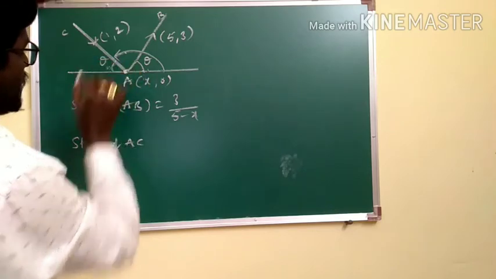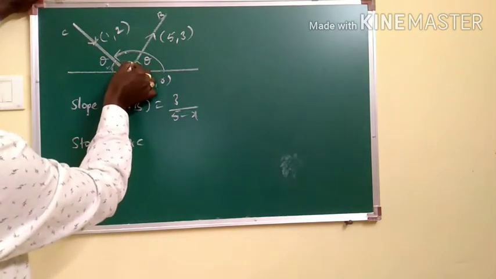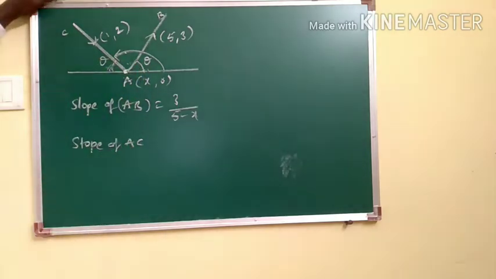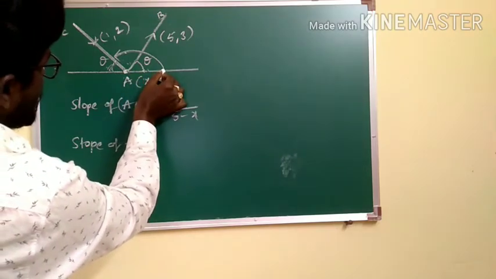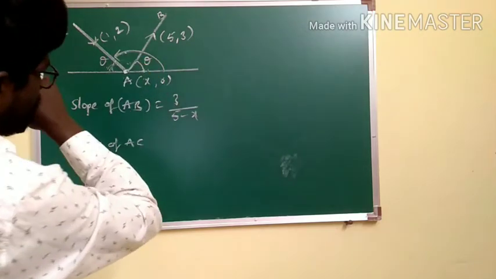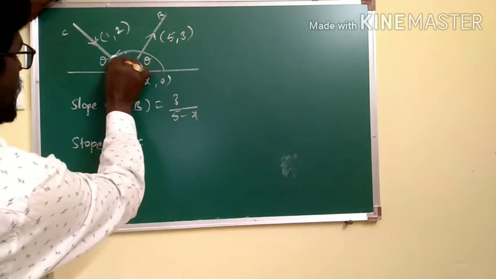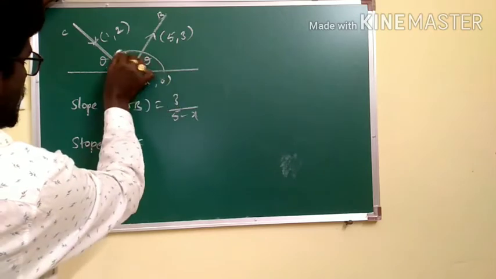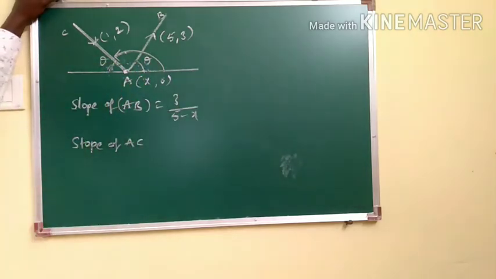What is this particular angle? 180 minus theta, because as this angle is theta, this angle is going to be 180 minus theta. As it is 180 minus theta, I can take this particular angle as tan 180 minus theta, because these two angles are going to be equal. This particular angle and this particular angle will be equal. Getting my point here?